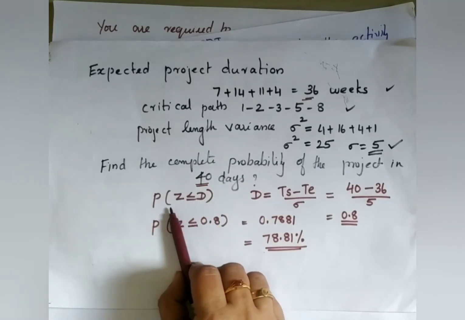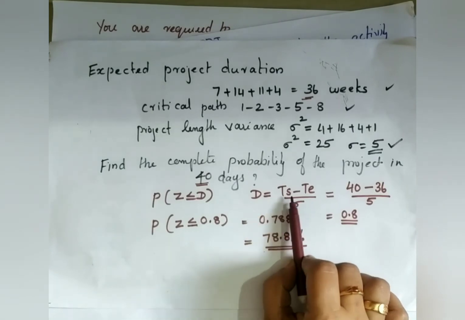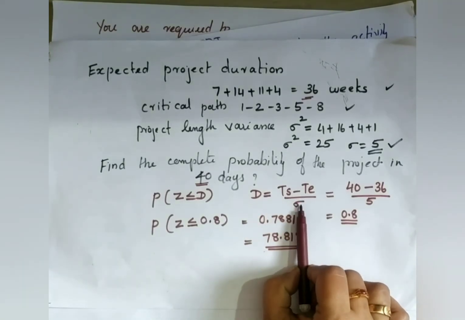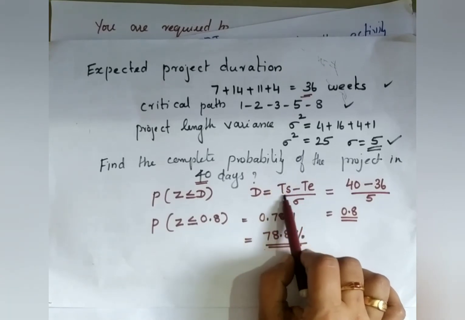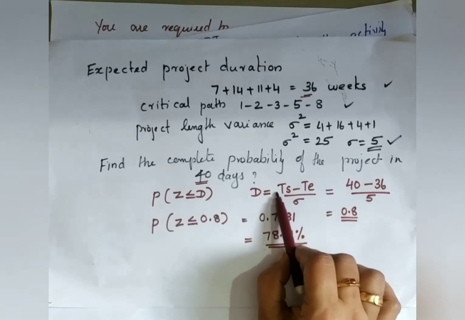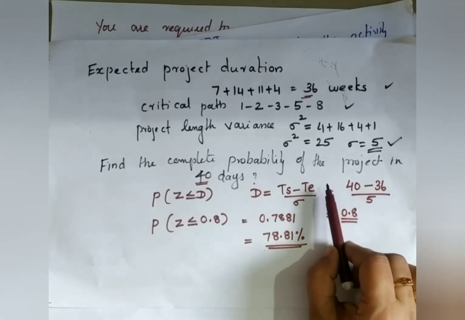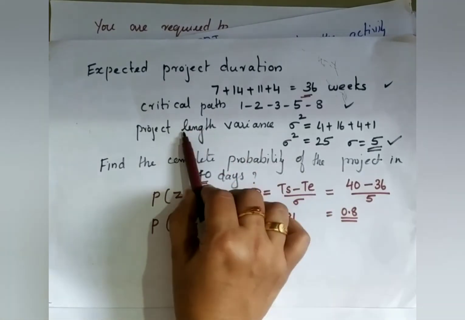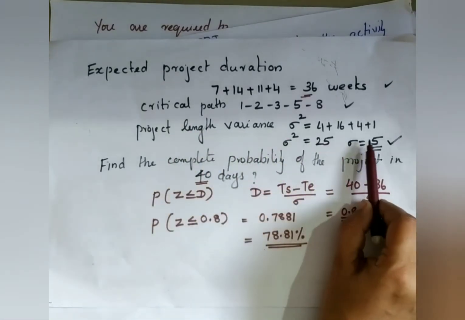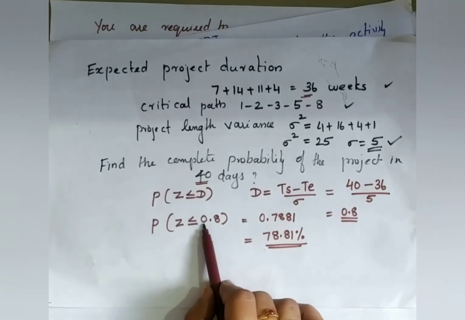The probability is Z less than or equal to D, and D you get from (TS minus TE) divided by sigma. TS is already given in the question, the number of days for which the probability is to be found. TE is the critical path timing, divided by sigma, the square root of the critical path project length variance. From that you calculated 0.8.